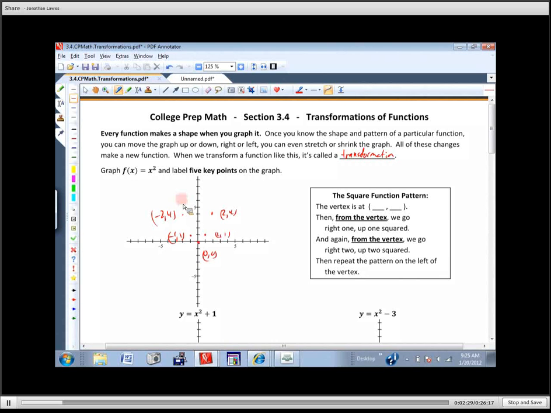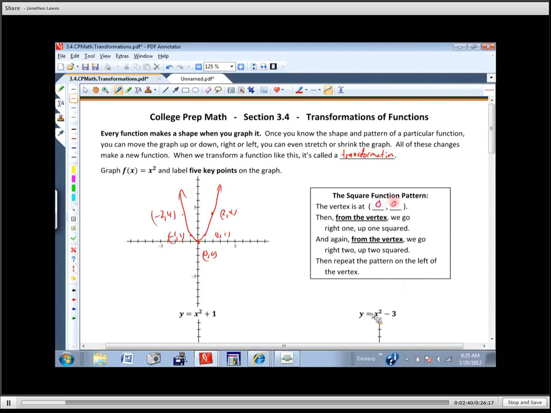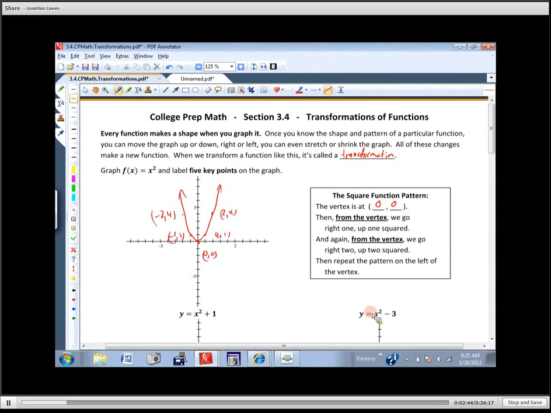If you were in my 1010 class, and probably even if you were in Mr. Price's 1010 class, you probably talked about this the same way. This is the parent graph of the parabola. The vertex is at the origin. It's at 0, 0. And this pattern of how we make the shape is really important. So this is like the central point. From the vertex, we normally go over 1 and up 1 squared.